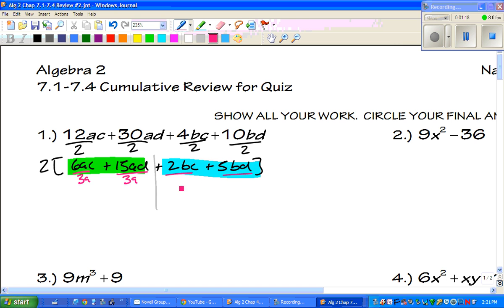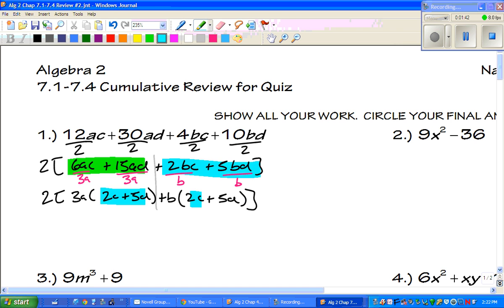And in the blue, the only thing that we can take out is a B. So when we rewrite that, you get 3A, and you're left with 2C plus 5D. And we took out a B, and then we're left with 2C plus 5D, which is good because that's what we wanted. We want these two to match up.